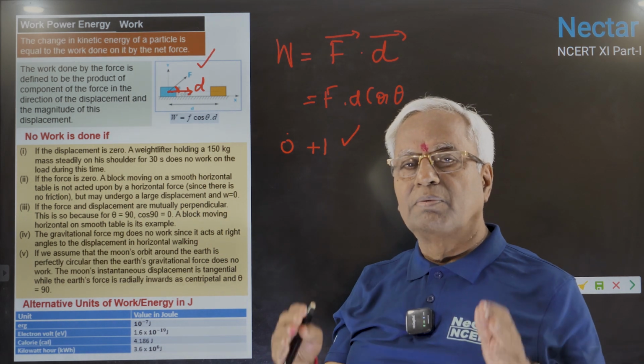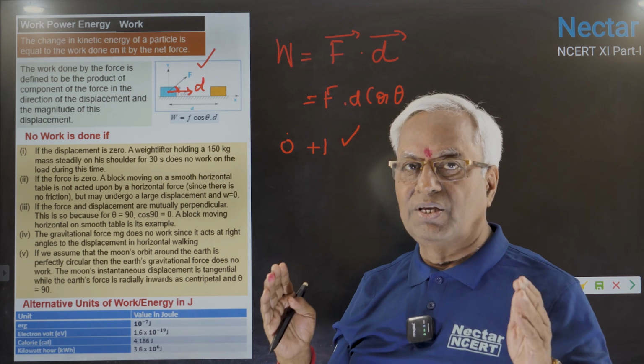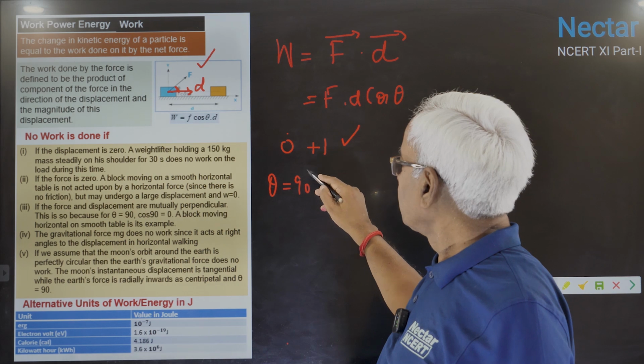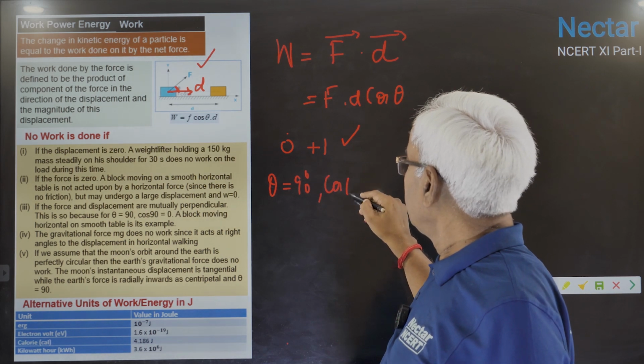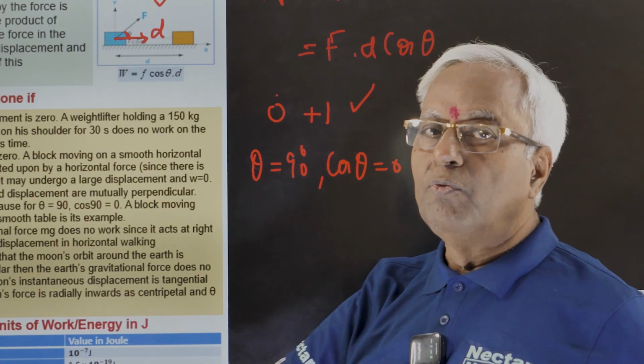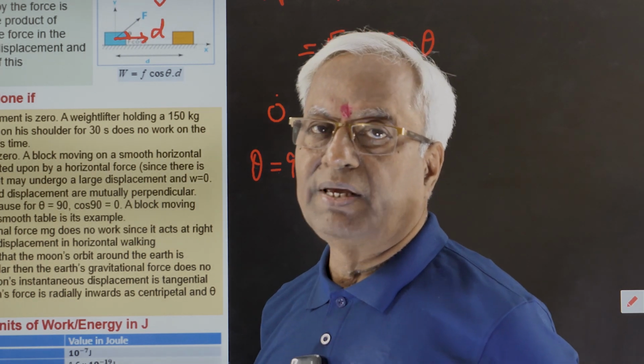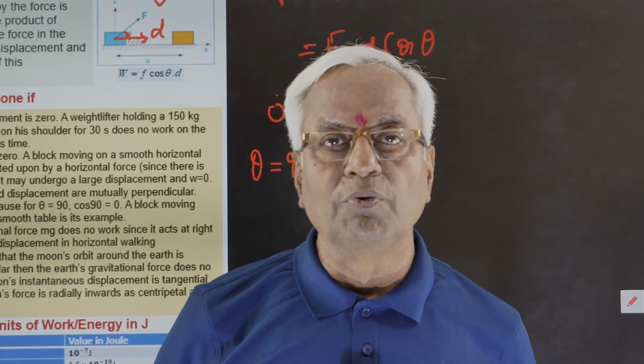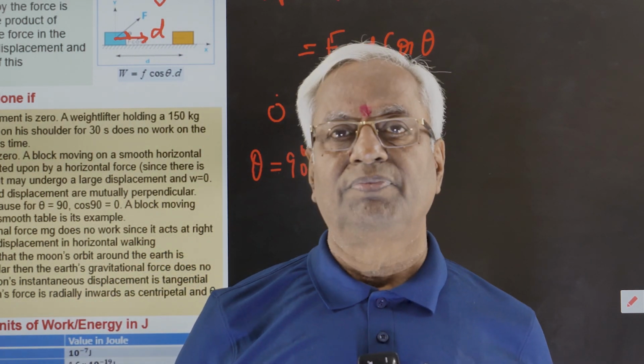And above all, the most interesting case is when theta is 90 degrees. Cos theta will be 0. No work will be done. It means when the force and displacement are perpendicular, no work will be done.